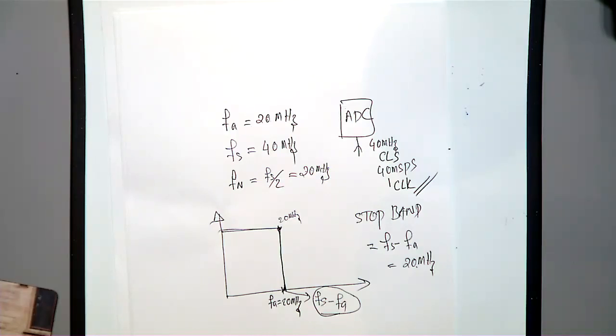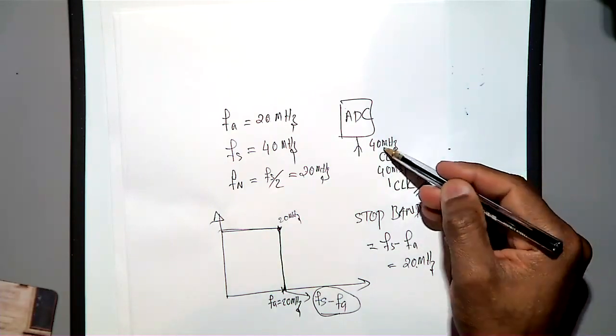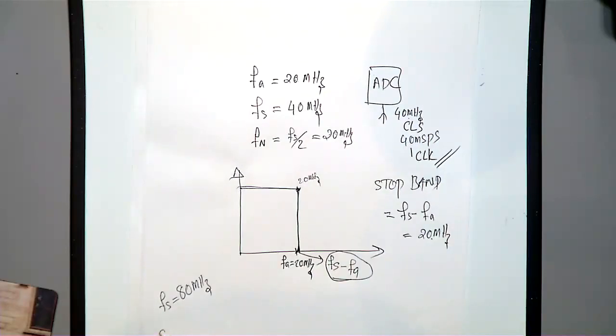Yeah. If you increase the frequency, then if I can use an ADC sampling frequency, instead of 40, I am going to use now fs equal to clock 80 megahertz. So if I use 80 megahertz, what is my stop band? Then the stop band will become fs minus fa, which is equal to 80 minus 20, how much?